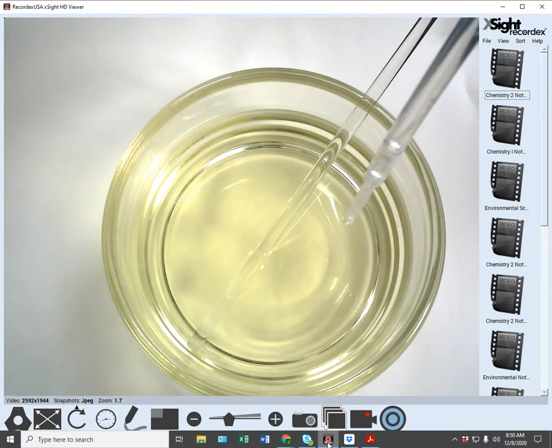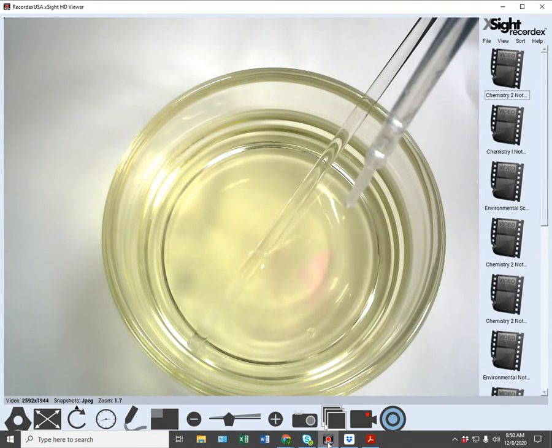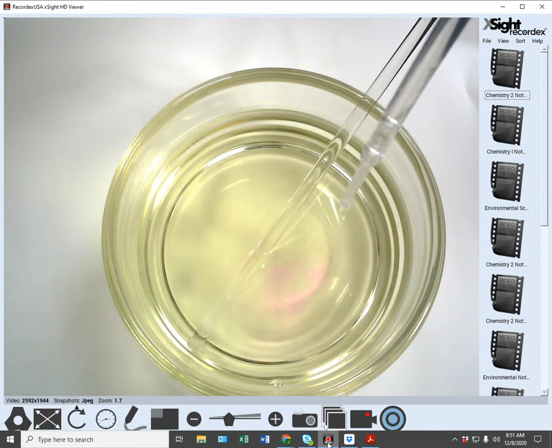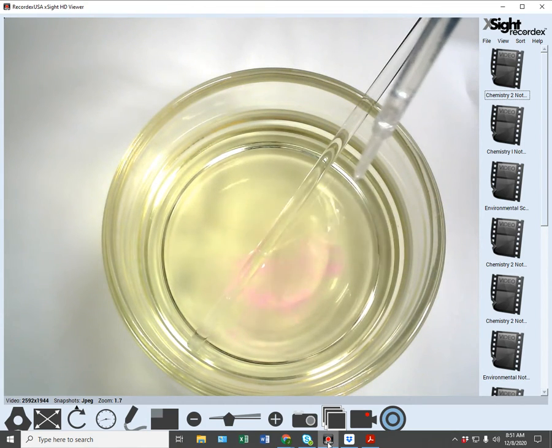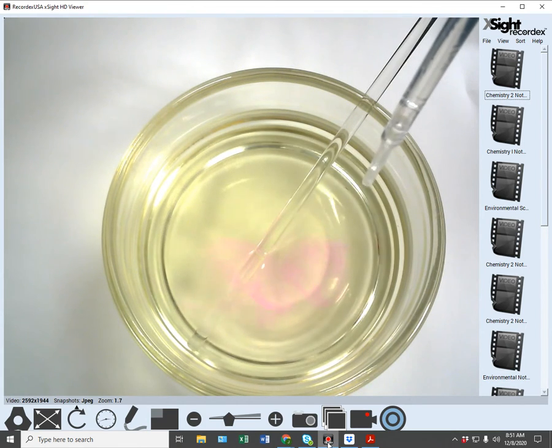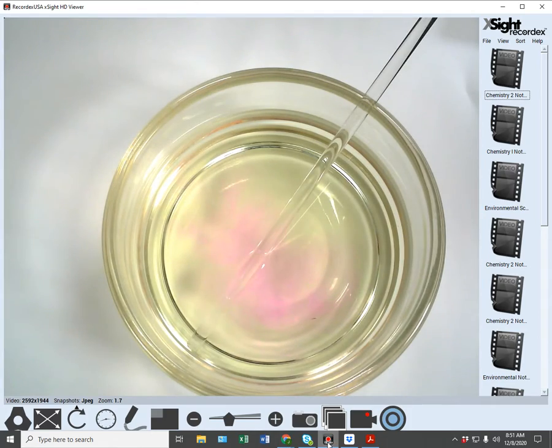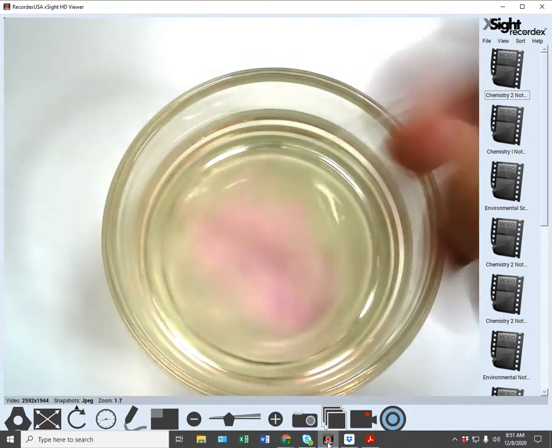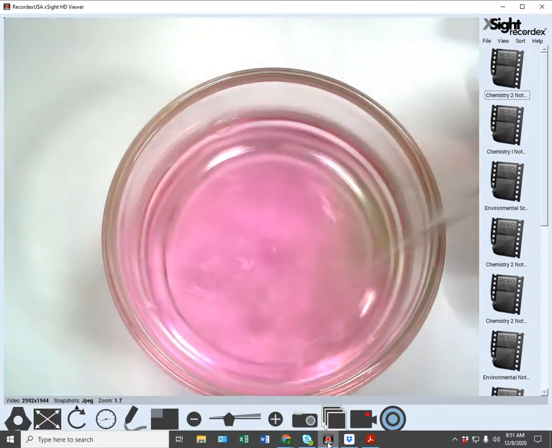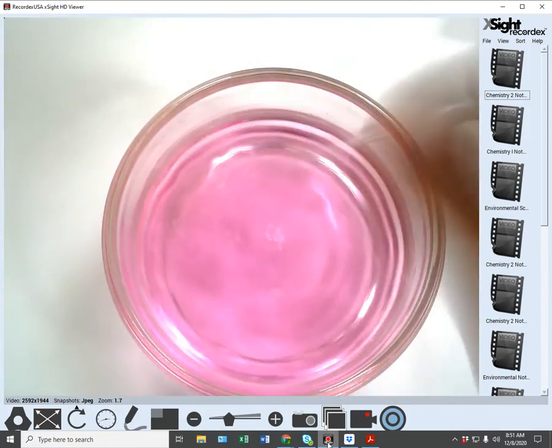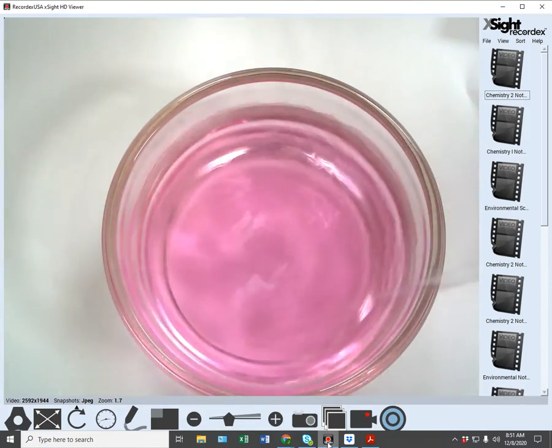Okay, 1, 2, 3, 4, 5, 6, 7, 8, 9, 10. Okay, you can see a little bit of it there is starting to turn pink, but watch what happens when we mix it. Hey, there we go. Okay, turn pink.